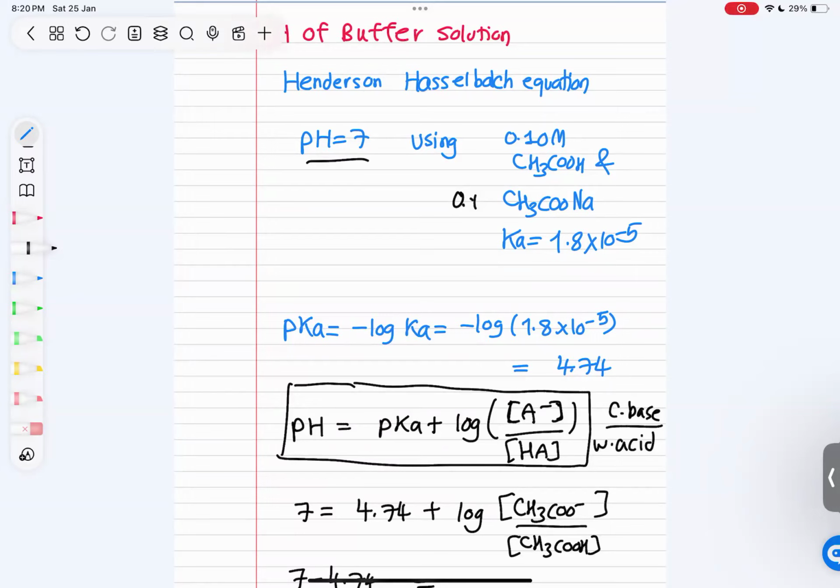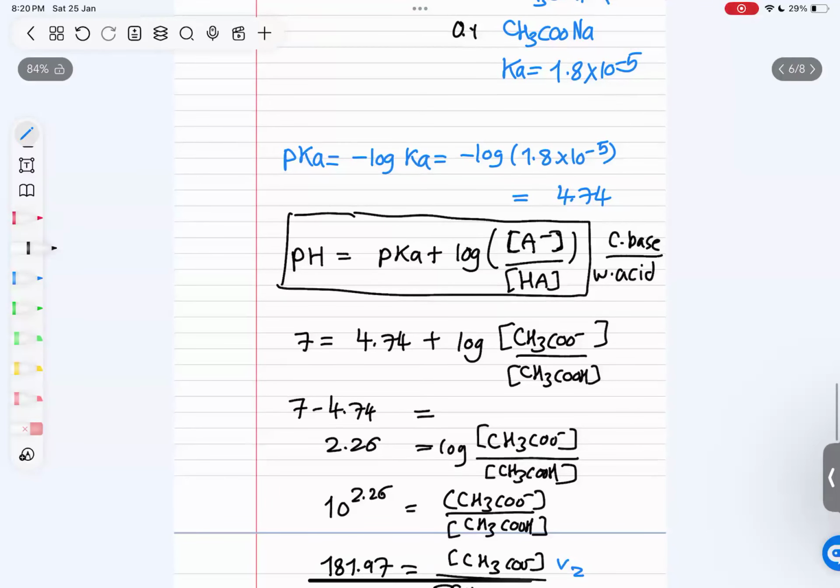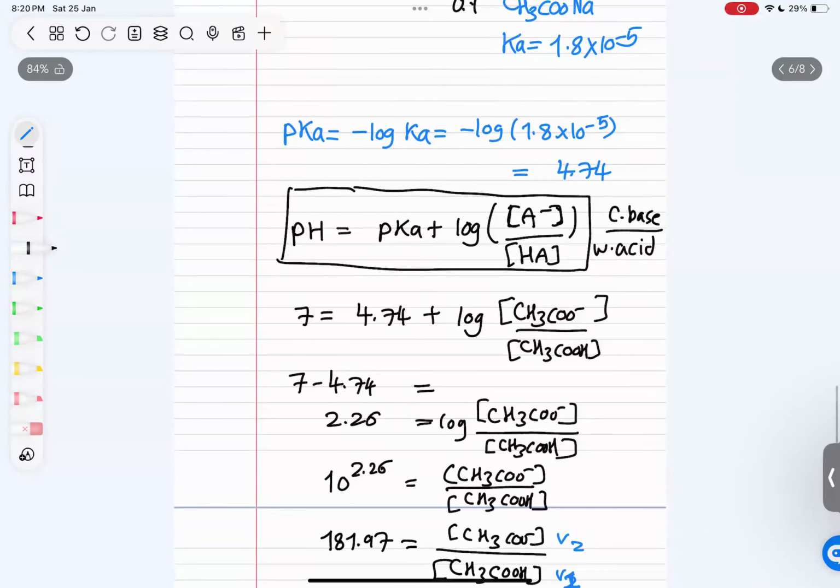So negative log of 1.8 multiplied by 10 to the power of negative 5 is 4.74, plus log of the conjugate base concentration over the weak acid concentration. So 2.26 is equal to the log of this one. If you want to get rid of the log on both sides, we will take the anti-log of both sides. So 10 to the power of 2.26 equals this ratio.